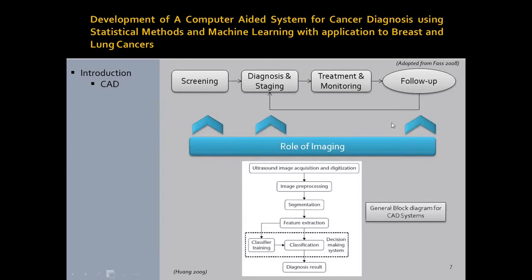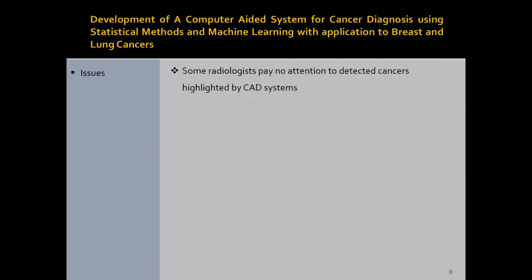So what we want to do here, we want to get our image, could be a mammogram, could be CT scans, could be any type of medical image. So we need to do the image preprocessing, filtering, removing the noise, segmentation, feature extraction, and classification, and then our result. So we have a lot of issues here.